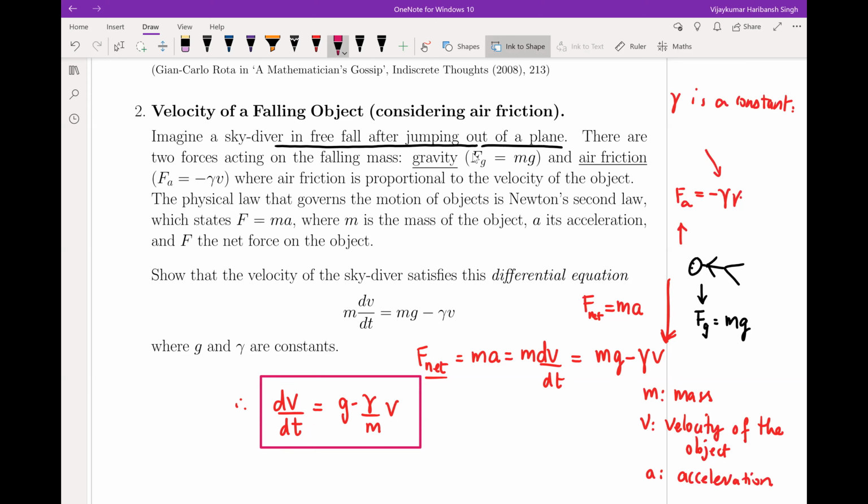This equation captures the motion, or the free fall, of the skydiver under two forces. Note that there could be more than two forces, but for simplicity's sake, we are taking two forces into consideration here. So this is an example of a differential equation.